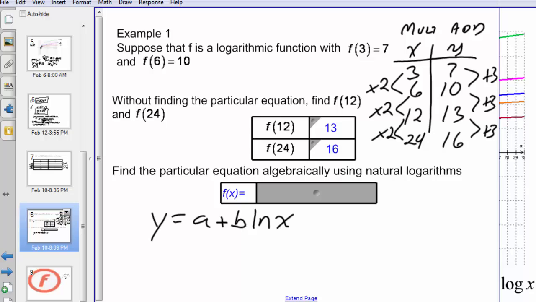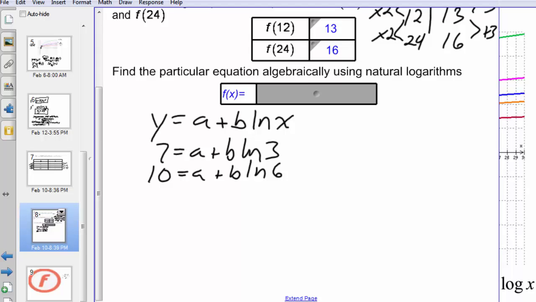And I plug in the two given values from the first part of the problem. So y is going to be 7 when x is 3, and then y is going to be 10 when x is 6.